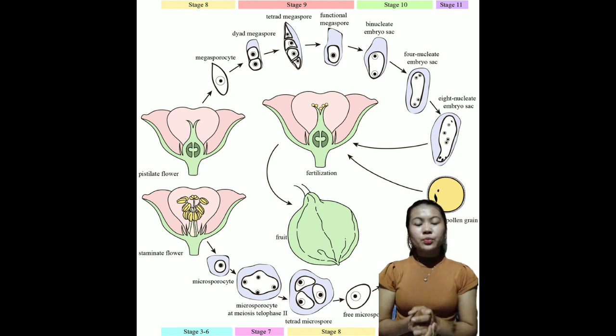Microsporogenesis is the process of formation of microspores or pollen grains from the microspore mother cell inside the microsporangium or pollen sac of the anther. The formation of pollen grains takes place in the anther, which is responsible for the formation of male gametes.